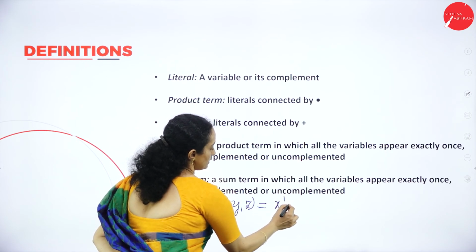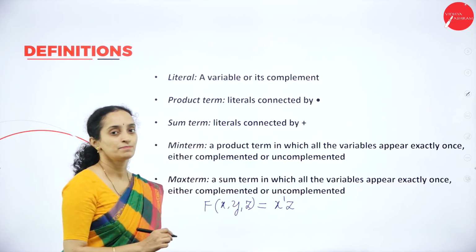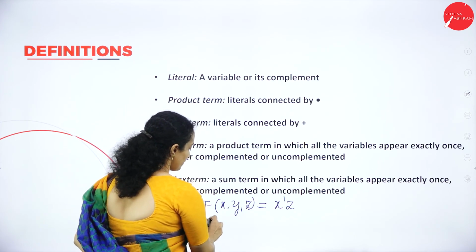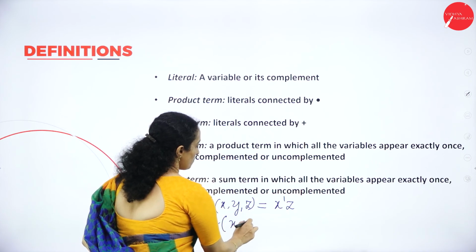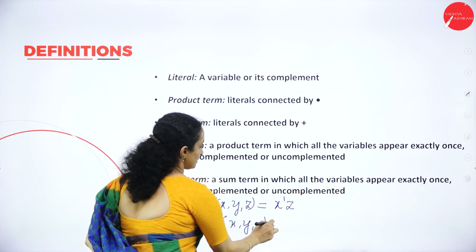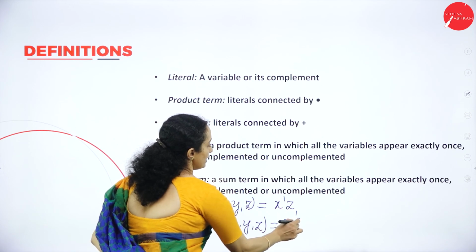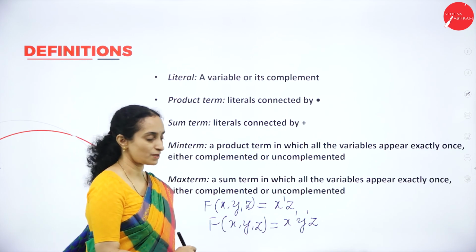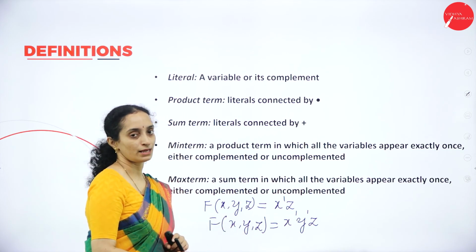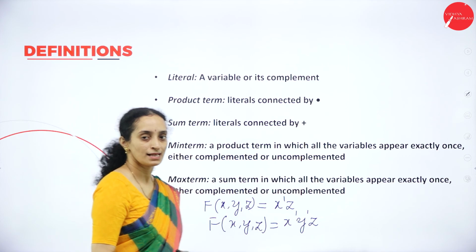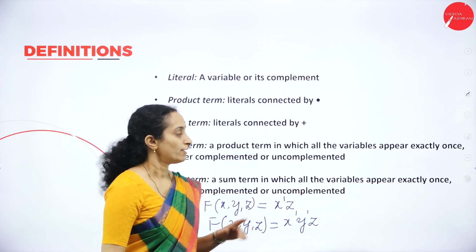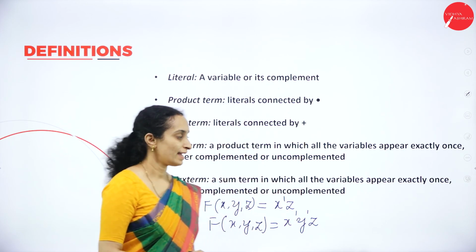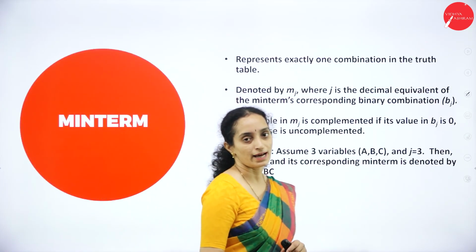If the expression is x dash plus z, this is not a max term. It becomes a max term when f of x comma y comma z equals x dash plus y dash plus z. This is a max term because it has all the variables in its expression.